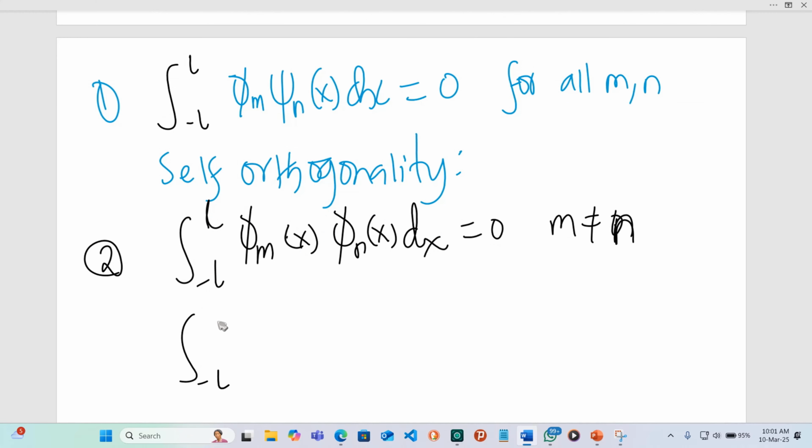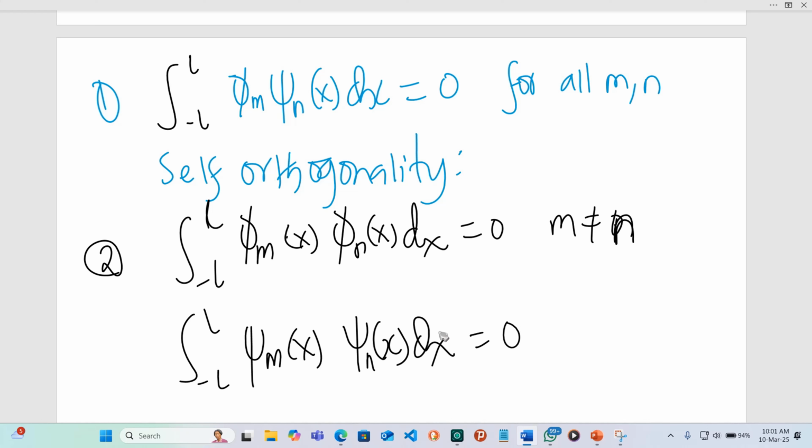Likewise, you can have also another function like this. If this function itself is orthogonal, then it is also going to have self-orthogonality in itself. So this is going to be 0, and this is for m not equal to n. So this property holds.